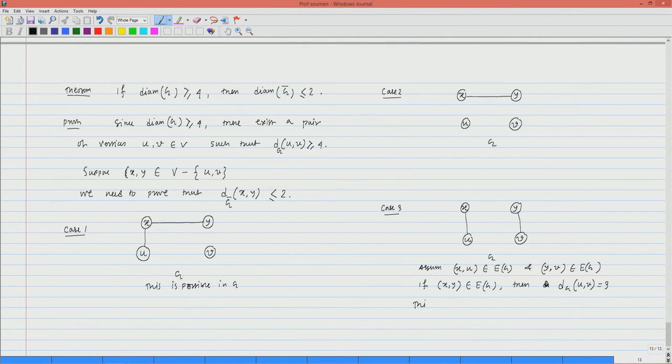This contradicts the assumption that the distance between u and v is greater than or equal to 4.